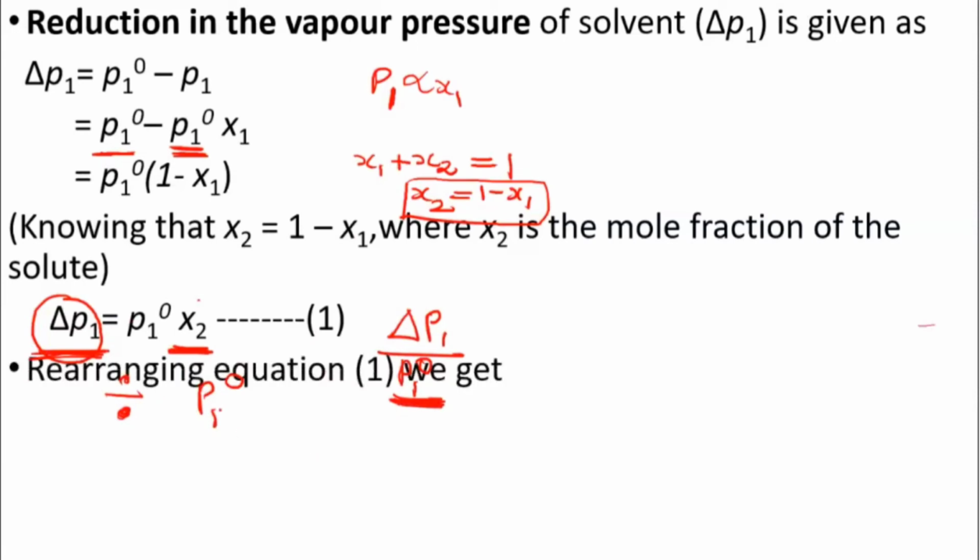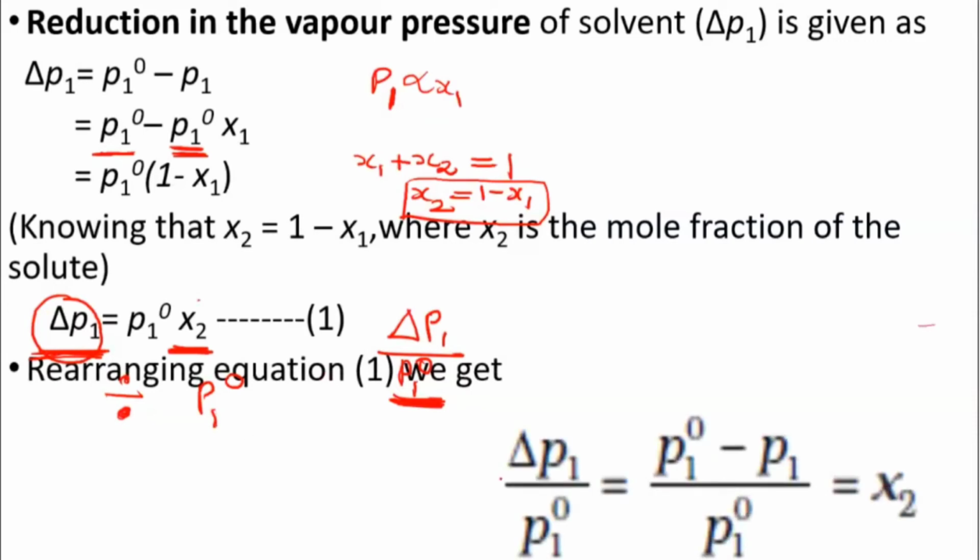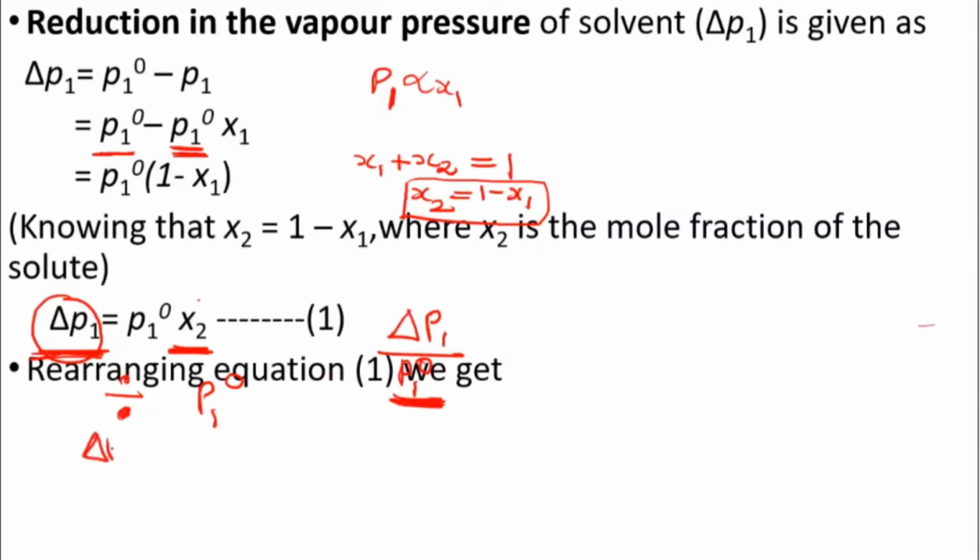When I divide, this is what you get: delta P1 divided by P1 naught is equal to X2, since P1 naught divided by P1 naught gets cancelled. So this is the relative lowering of vapor pressure, which is again proportional to the mole fraction of the solute.